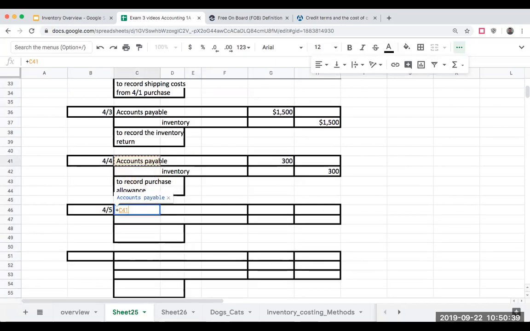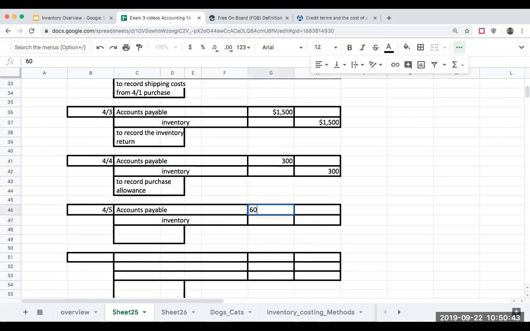I'm debiting accounts payable and crediting inventory for the amount of the purchase allowance that was given to me for those defective items, to record the purchase allowance for the 20 defective phones.